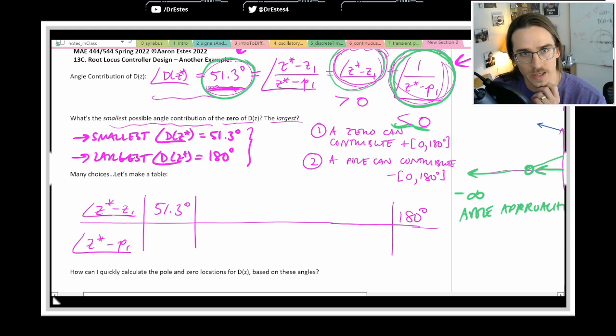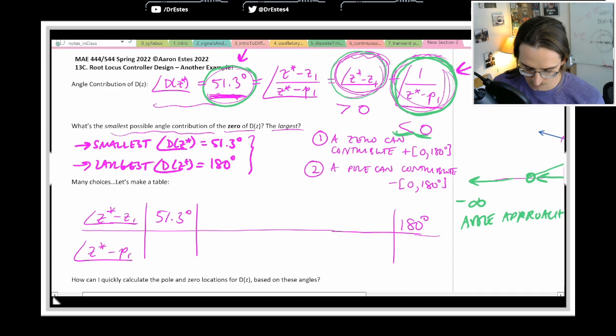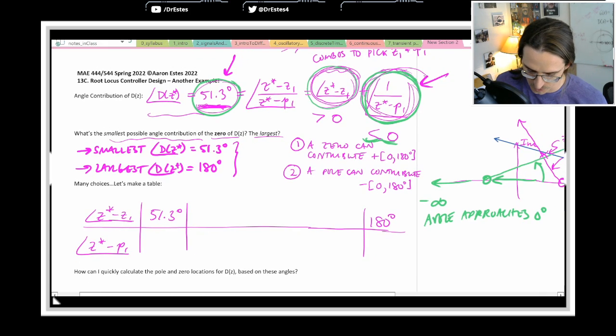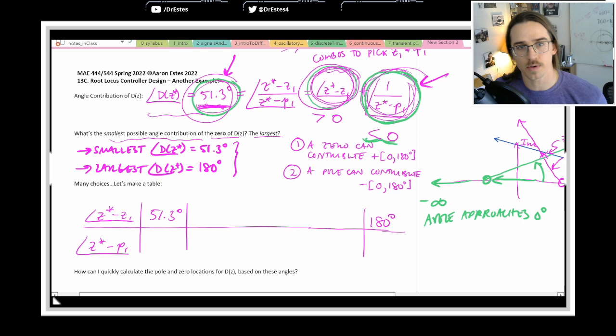And we can figure out the angle that the pole has to contribute from this equation up here. Right, the angle from the pole is 51.3 degrees minus whatever is from the 0. So this means the pole has to contribute 0 degrees in this case.